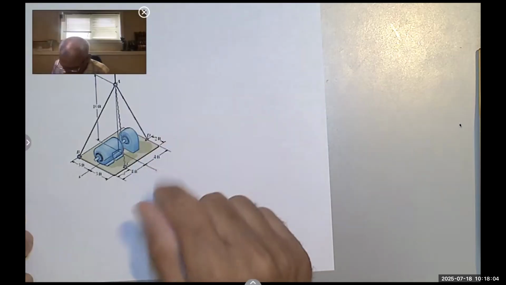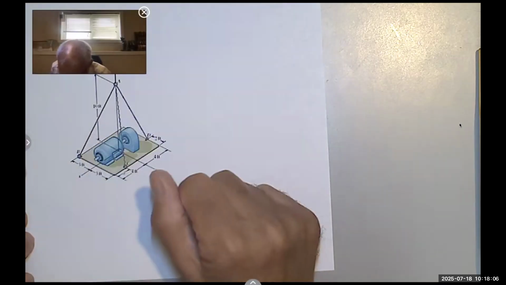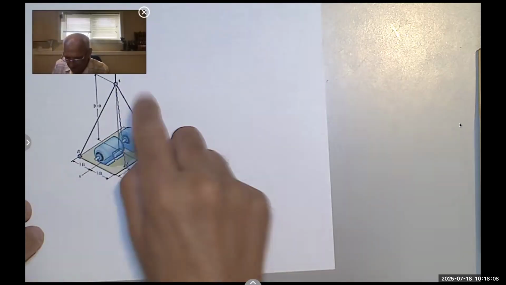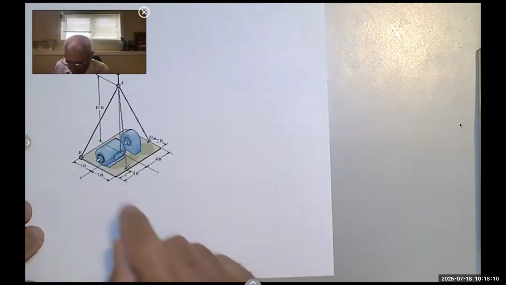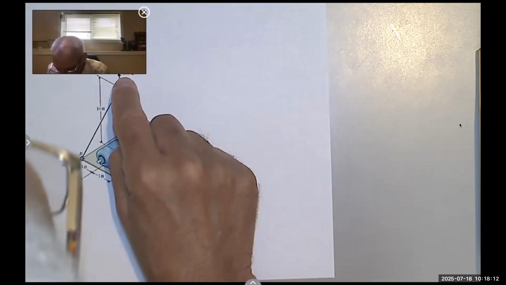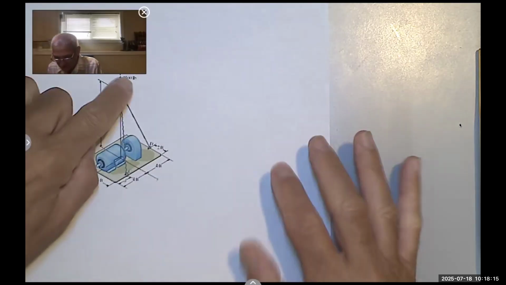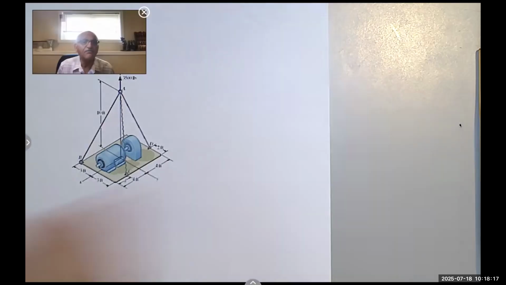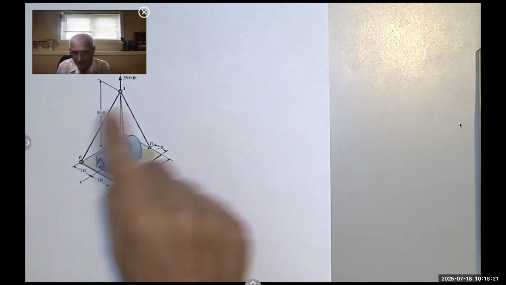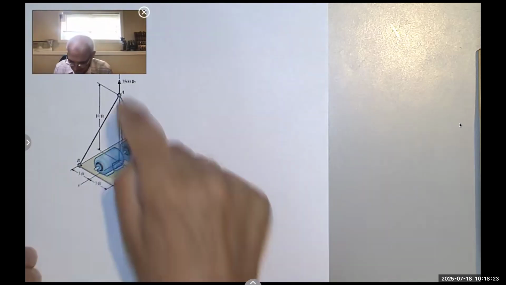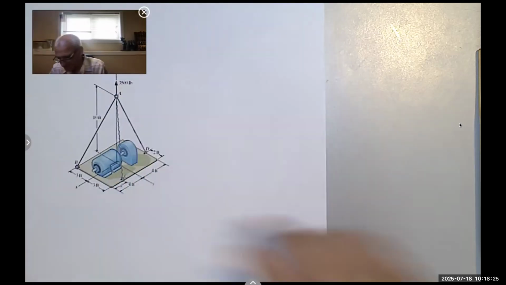It seems like there are three cables, and there is a force pulling it up where the magnitude of the force itself is 3,500 pound. And we want to find the force in each of these three cables, AB, AC, and AD.